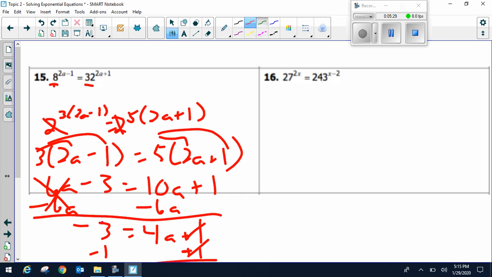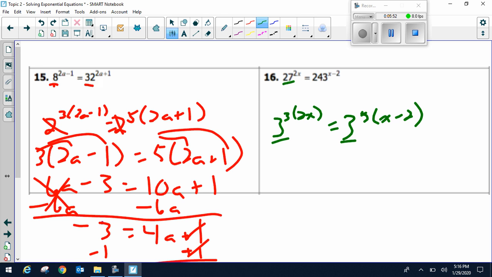Same thing for the next one. 27, the smallest base I can make that is a base of 3 by making it 3 to the third, and again it gets multiplied to the current exponent that's there. 243, then I have to make that a base, so it's kind of a guess and check game. I'm going to try 3 to the 5th, and 3 to the 5th is 243. Again, it gets multiplied to the exponent that's already up there.